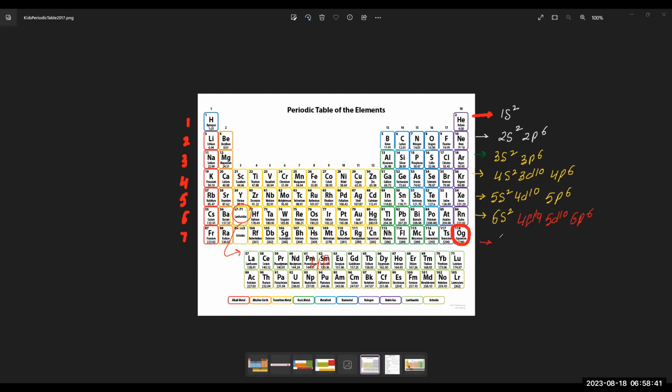Period number 7: 7s2, this blank, 5f14, and then 6d10 and 7p6. Is it okay?